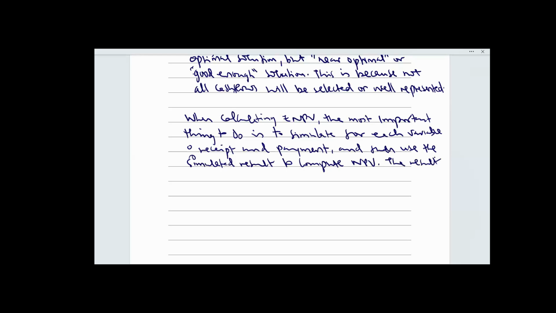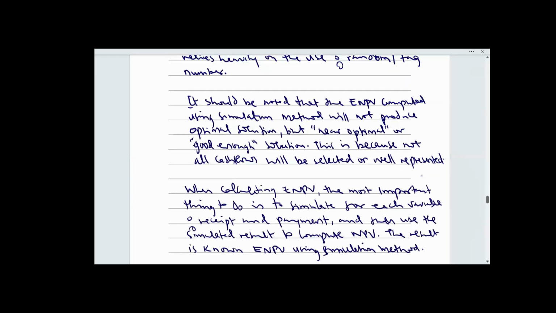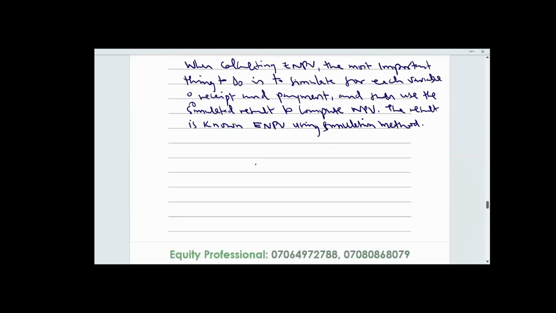The result is known as expected NPV using simulation method. So that's all you need to do as far as simulation is concerned.